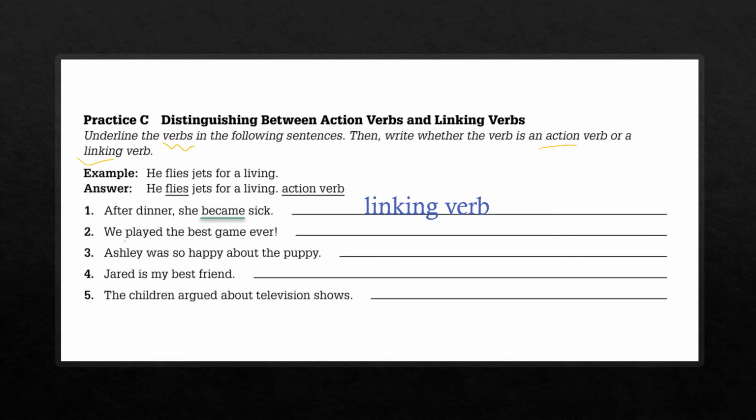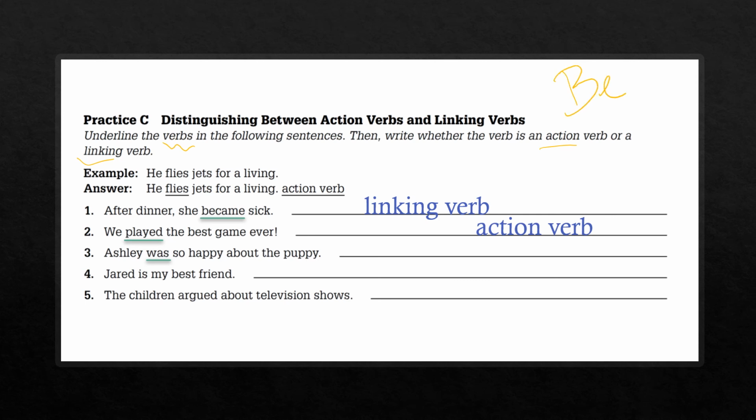Number 2, we played the best game ever. Played is the verb. Then I ask myself, is it something I do? Definitely. We play. So it is an action verb. Number 3, Ashley was so happy about the puppy. Here the verb is was. Was belongs to the verb to be.